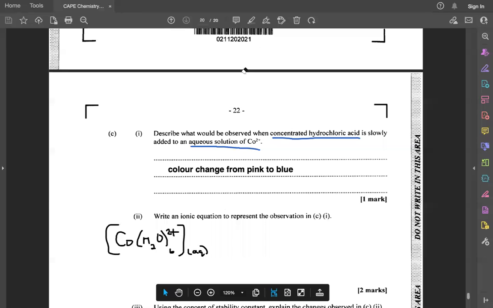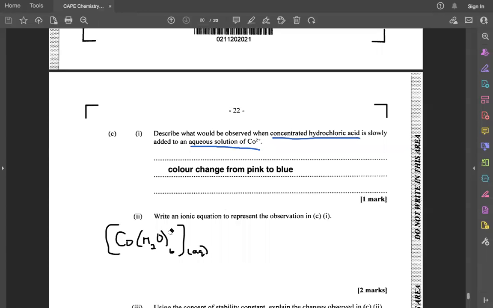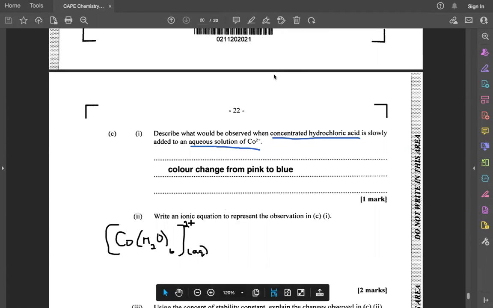I'll put the charge outside of that square bracket because it's the overall charge of the whole thing, right? So that's that. And of course, that originally is going to be pink in color, right? That complex ion is going to be pink, right?